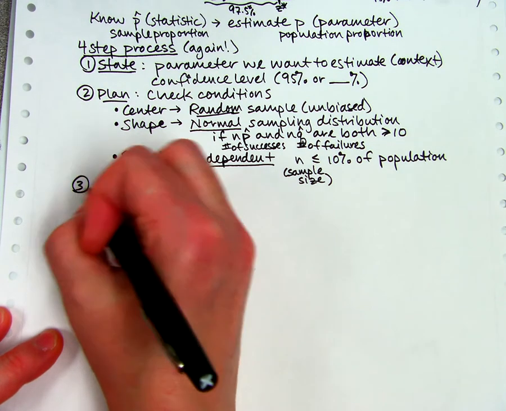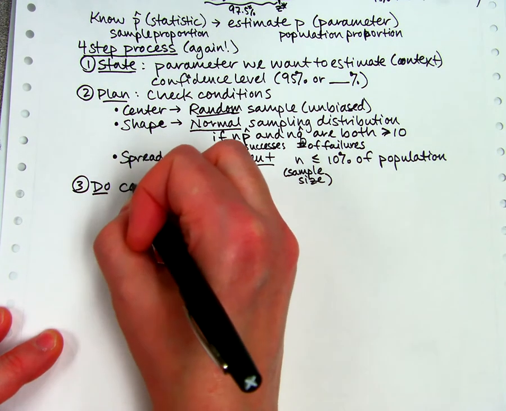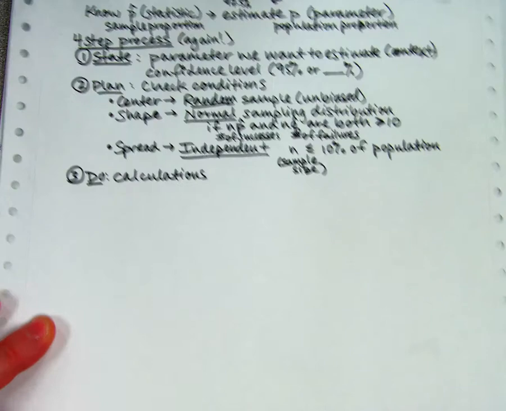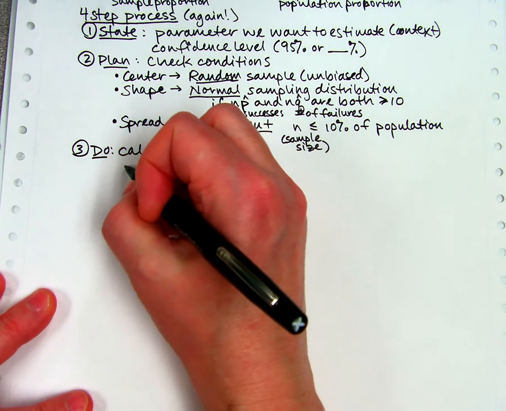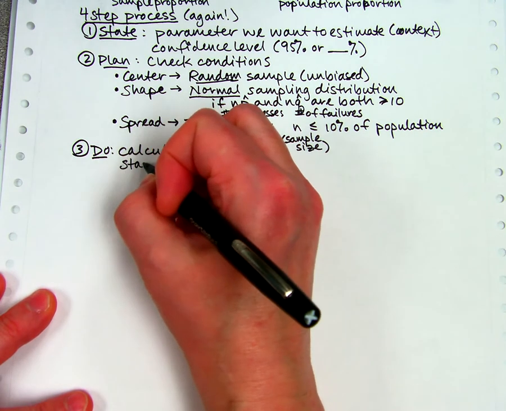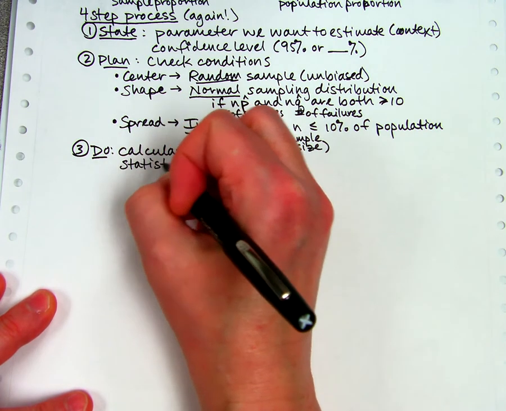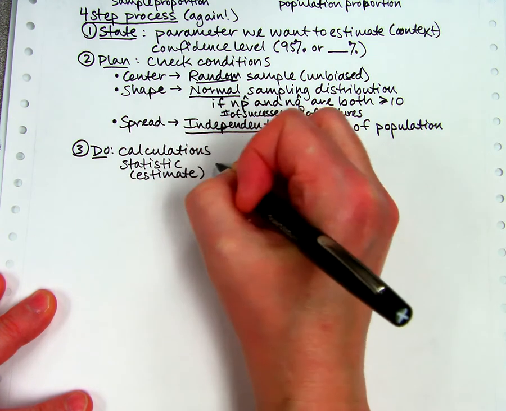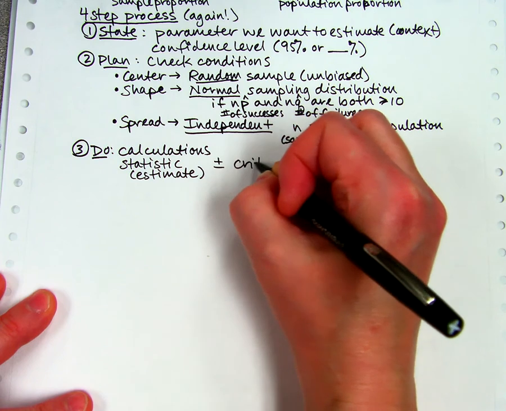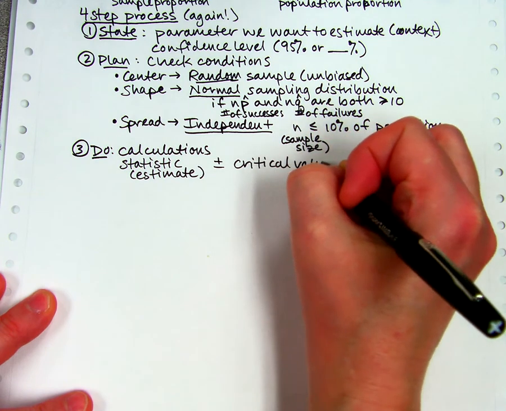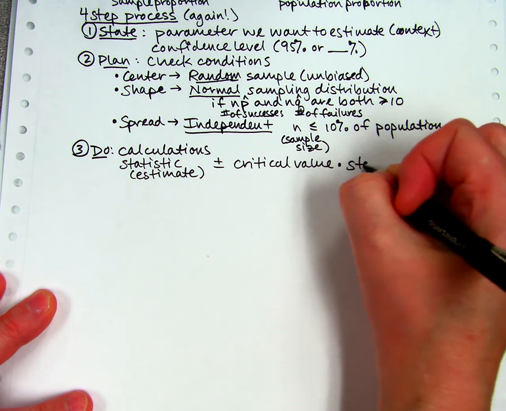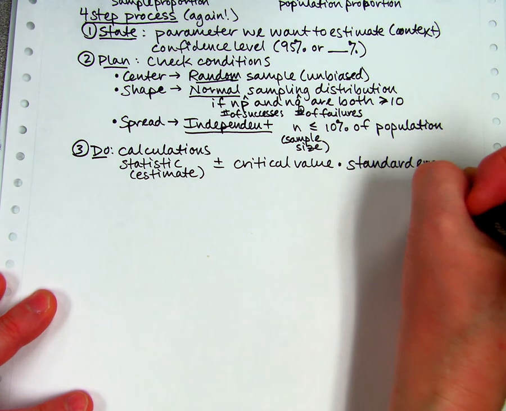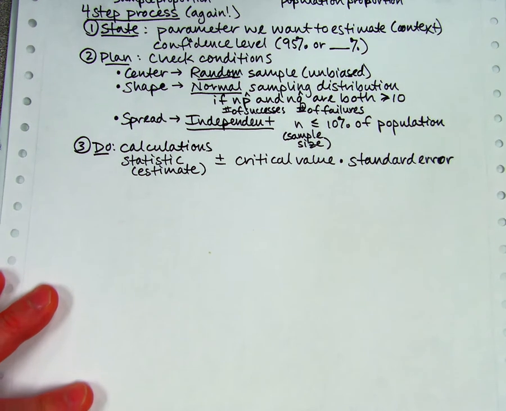Step 3 is do the calculations. We talked about the calculations already, but let's put it down again. It is our statistic, which is also called our estimate, plus or minus our critical value times our standard error. In case you forgot, the reason it's called standard error is we're estimating it from a sample instead of getting it from the population.